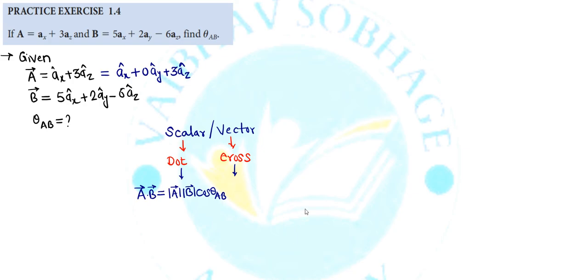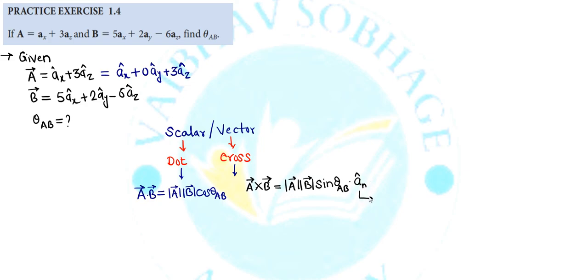And what about the cross product? If we are given two vectors, vector A and vector B, the cross product between these two vectors is given by, again, the magnitude of vector A multiplied by the magnitude of vector B, and here in this case we have the sine of the angle between the two vectors, times n cap.